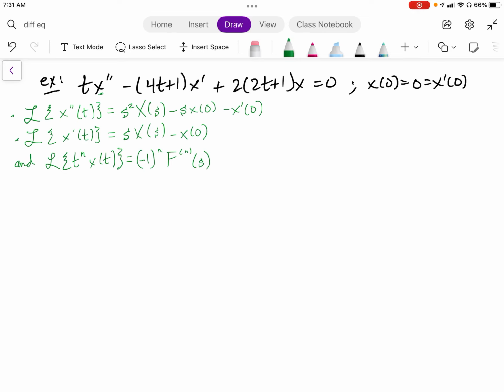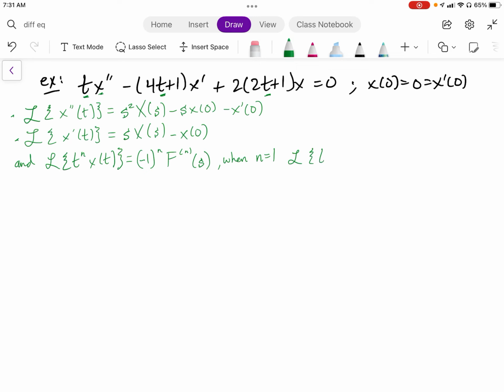And then we have the Laplace of the first derivative of the function x, the function x of t. And last we have this t multiplier, and there's that formula. Looking at the problem provided, we only have t as to the first power, right? So really we could just look at this one when n equals 1, because we only have, again, a t to the first.